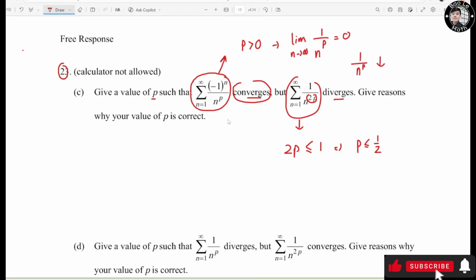So by the alternating series test, the series converges, right? So we're gonna combine these two conditions. The answer must be p greater than 0 and less than or equal to 1 half, right? So here's how you show your work on the AP exam.